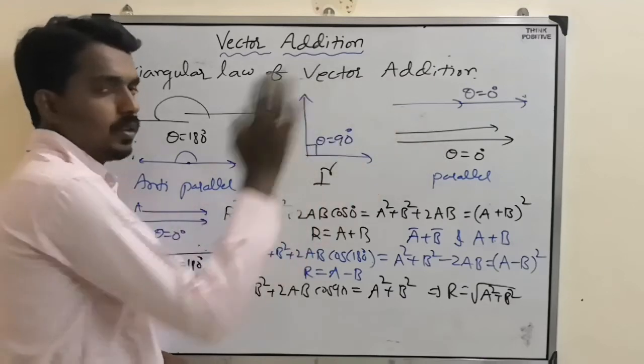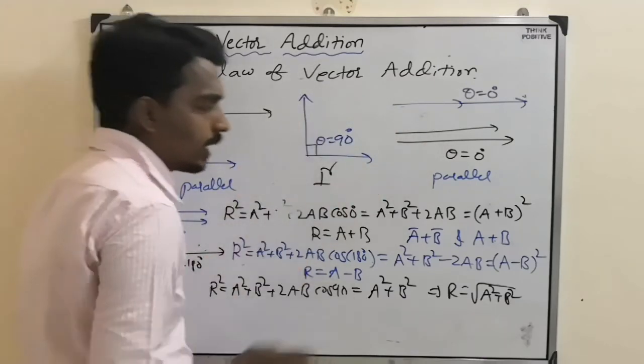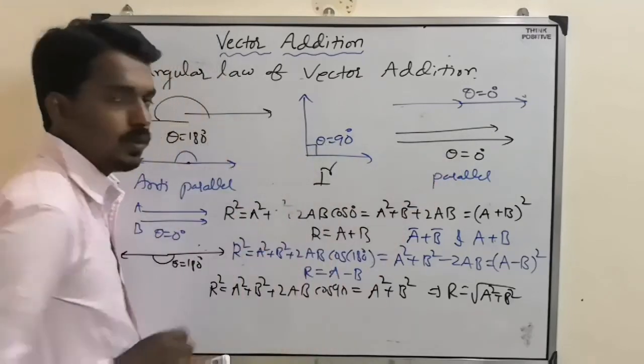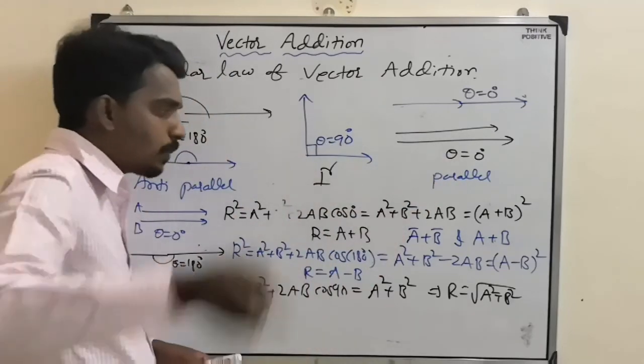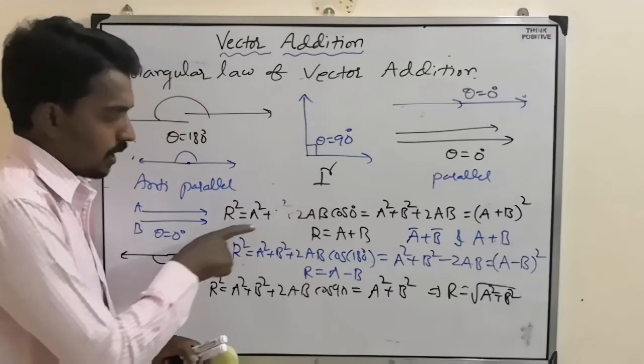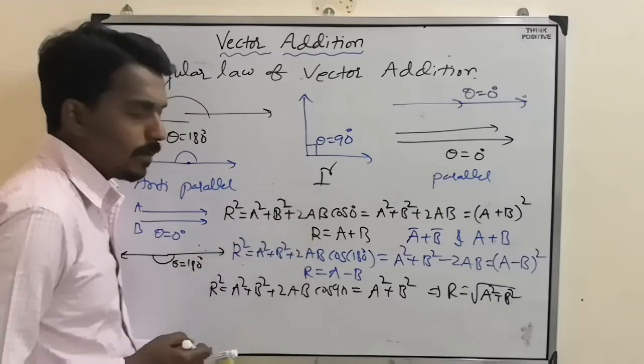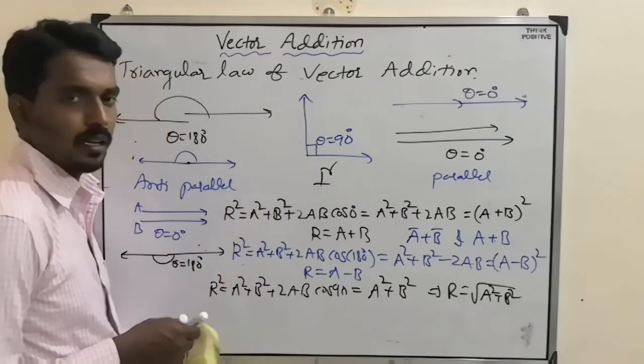So theta 0, theta 180, theta 90. If theta is not one of these values, then substitute in the generalized formula, A square plus B square plus 2AB cos theta.